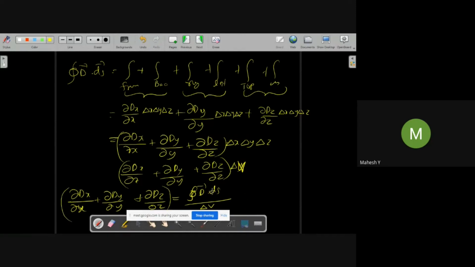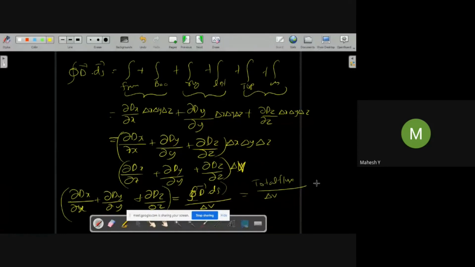Now, what is closed integral D dot dS? Closed integral D dot dS is the total flux coming out, or charge enclosed. According to Gauss's law, this LHS is total flux. So that will be total flux divided by delta volume.